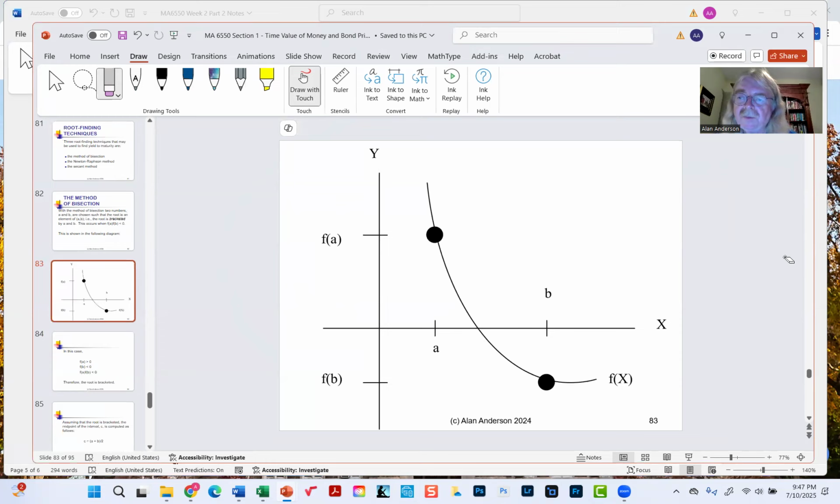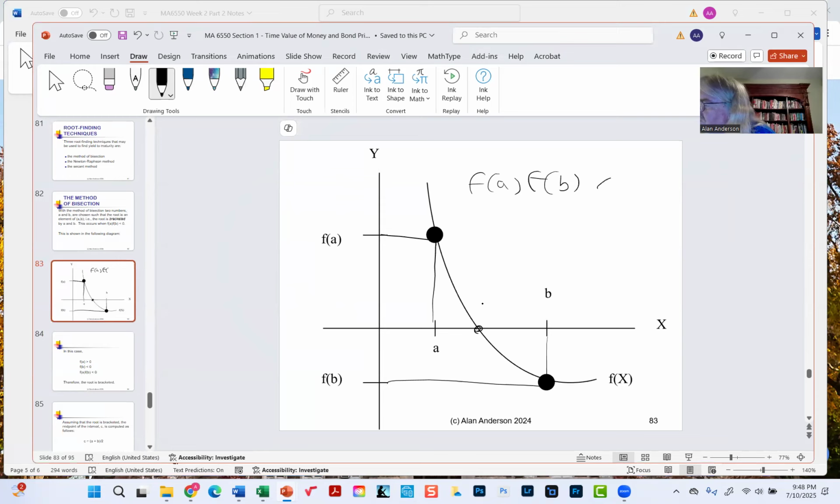Now, once we determine that that's indeed the case, what matters is now the signs of f of A and f of B. So in other words, if f of A times f of B is negative, that means that A and B are on either side of the root, it's called, right here.